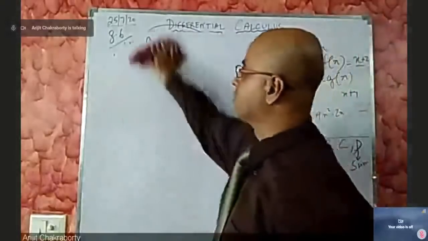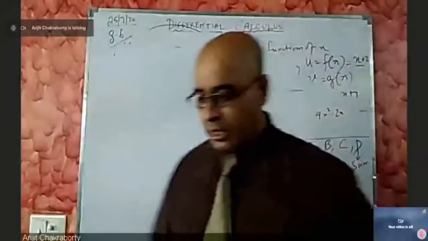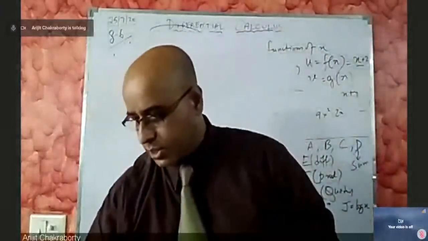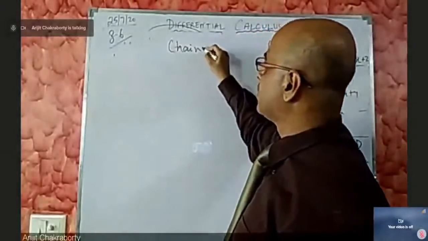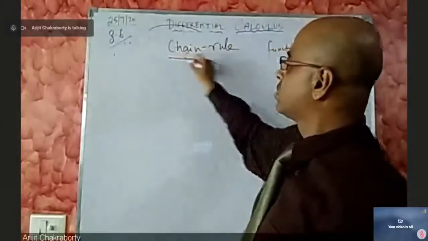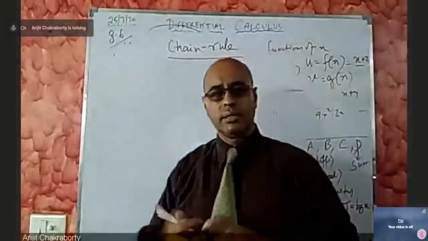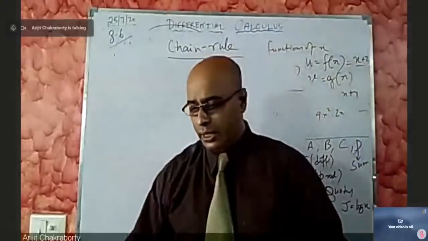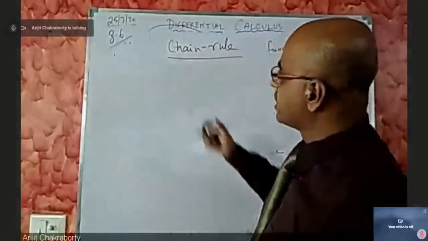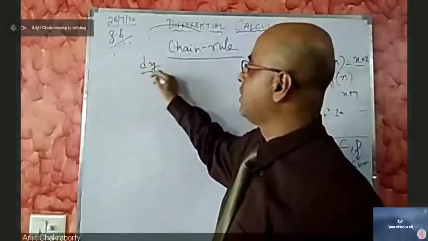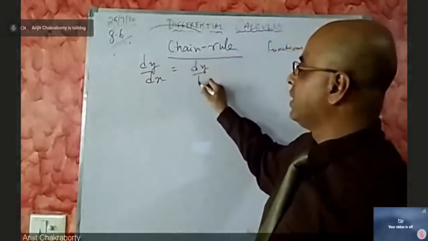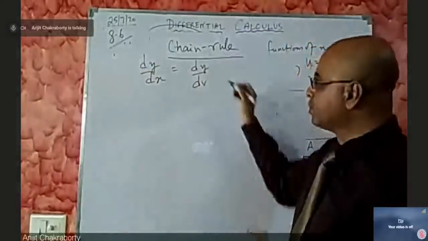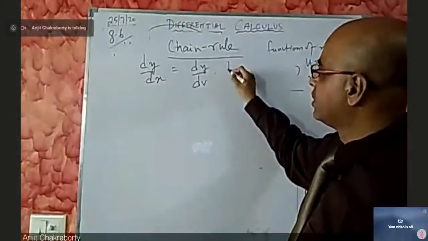We'll take two examples of implicit functions. First, let me do the chain. This is also called the chain rule. Okay, it's like a chain linked. The chain rule is this, very simple. dy by dx is equal to dy by dv into dv by dx.